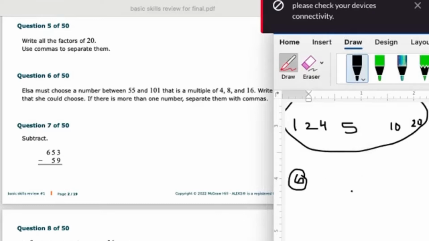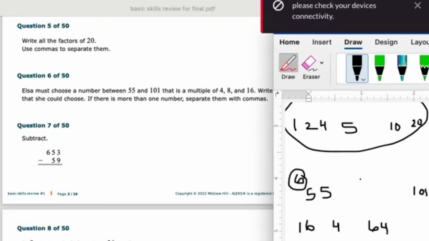Okay, so we've got 55 and 101. We have to look for any multiples of 16 that are in between 55 and 101.